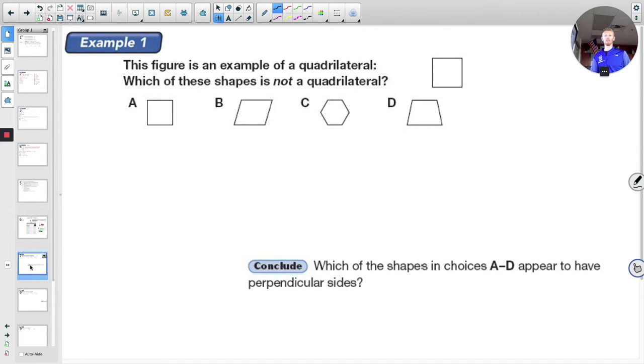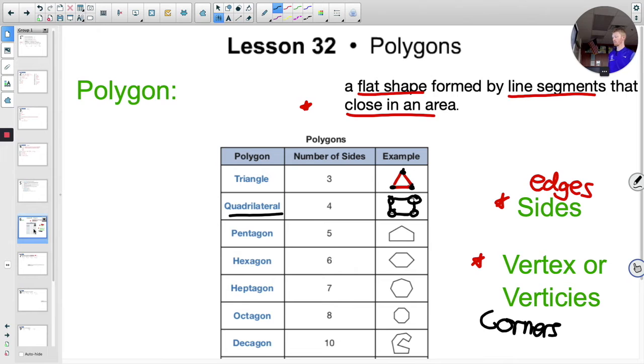Example number 1. This figure is an example of a quadrilateral. Which of these shapes is not a quadrilateral? So looking, here's an example of a quadrilateral. Which one is not a quadrilateral? Quadrilateral, if you look back to our chart, 4 sides. This is in your math book.